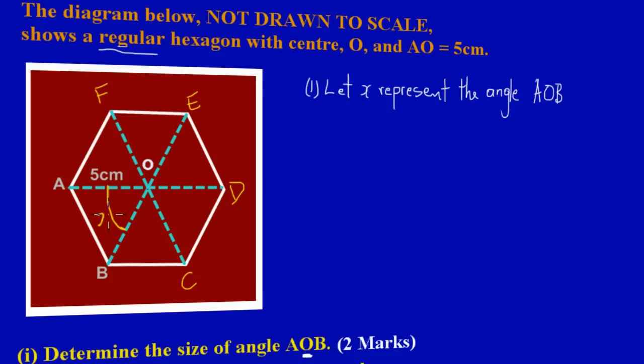If this is X, my friends, and we have already established that each angle must be the same size as this angle, then that angle is X. Also, we could say that this angle is X because all of the interior angles must be of the same size. Okay, so that angle is also X, and the size of this angle is also X degrees, and also the final angle here will also be X degrees.